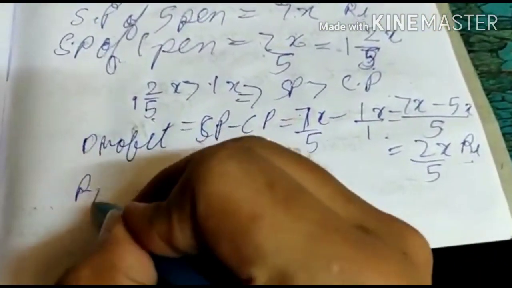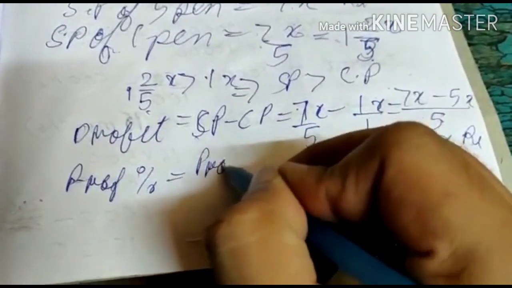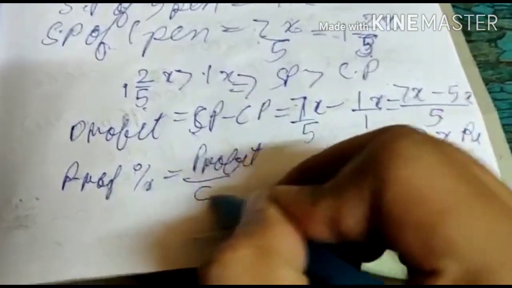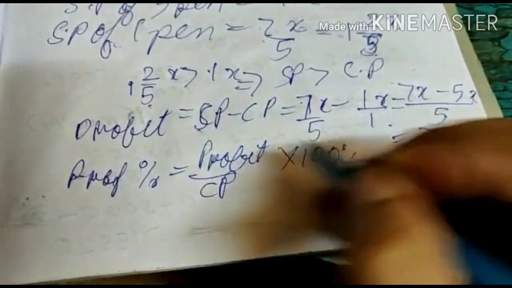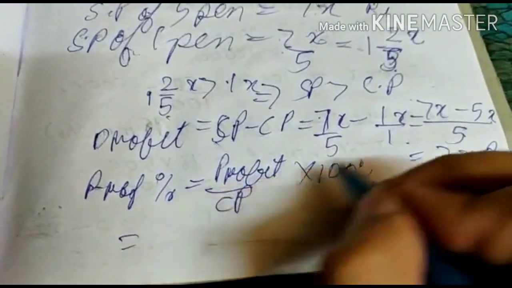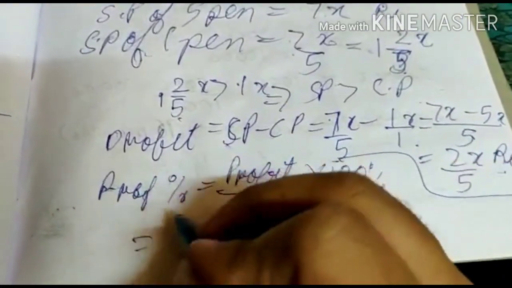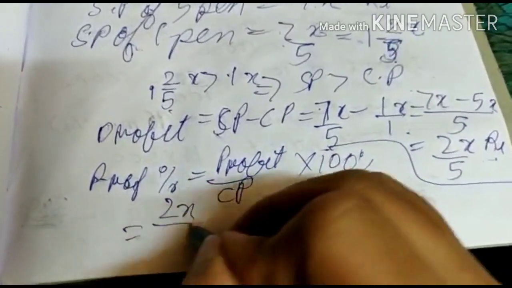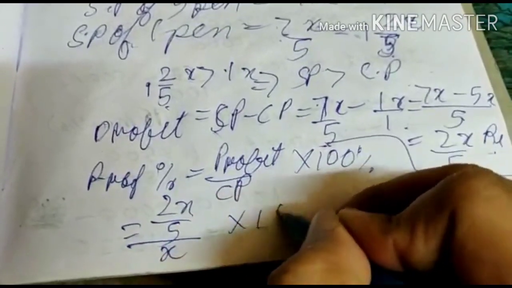So we have to find profit percent, that is profit upon CP into 100%. Here our profit is 2x upon 5, upon CP is x, into 100%.